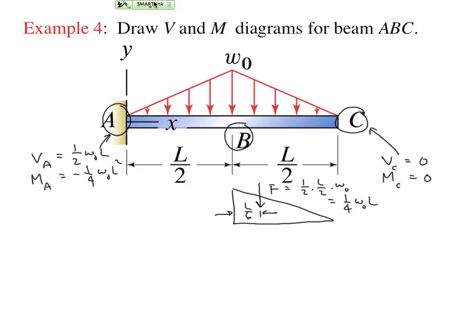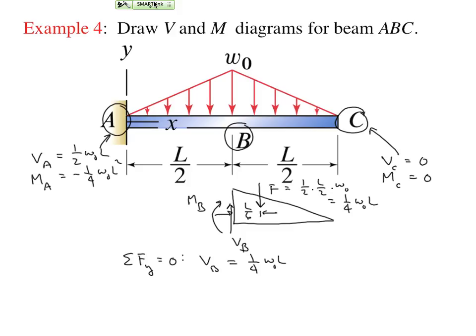And then we have the shear force at B and the bending moment at B. And so our vertical force equilibrium tells us simply that VB minus F is 0, or that the shear force at B is equal to 1/4 W0L.